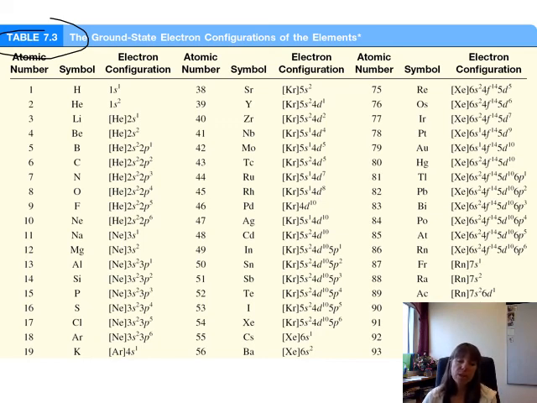Now, there are some weird anomalies in here that kind of don't make sense. And here's silver. Silver is one of them. We should also have copper, which is one of them, but copper is not on here. Gold is number 79, and it is not on here either. But copper, silver, and gold are in the same column. And you'll notice there's a 1 here in the s orbital, instead of being 5s2, 4d9, it's a d10 and a 1.